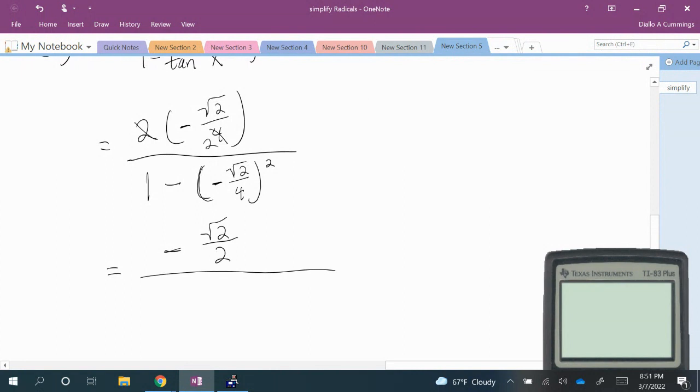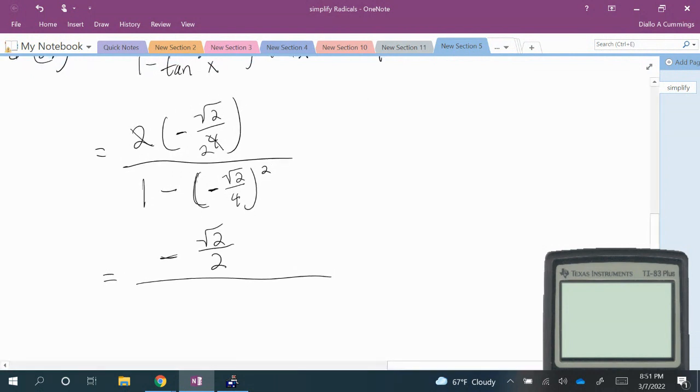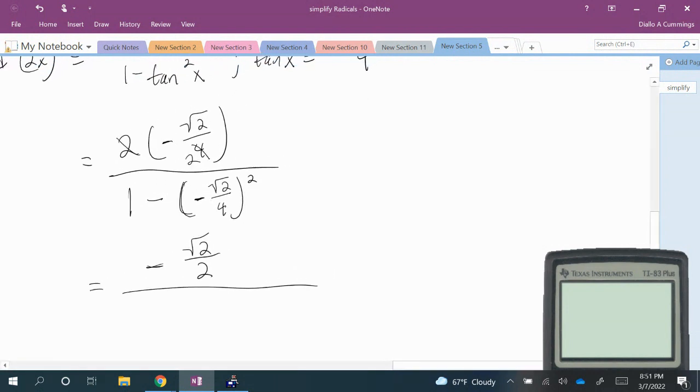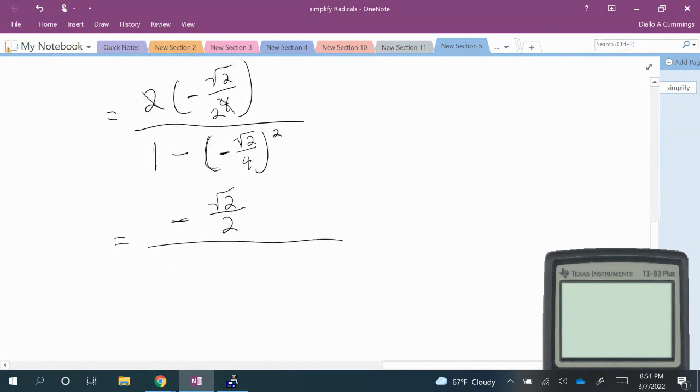In the denominator, I'm going to apply the order of operations: Please Excuse My Dear Aunt Sally. I do have an innermost set of parentheses, but there's nothing to simplify. The next thing I'm going to do is evaluate the exponent. So I'm going to bring down 1. I'm also going to bring down minus. Now if I look within my set of parentheses, that's my base.